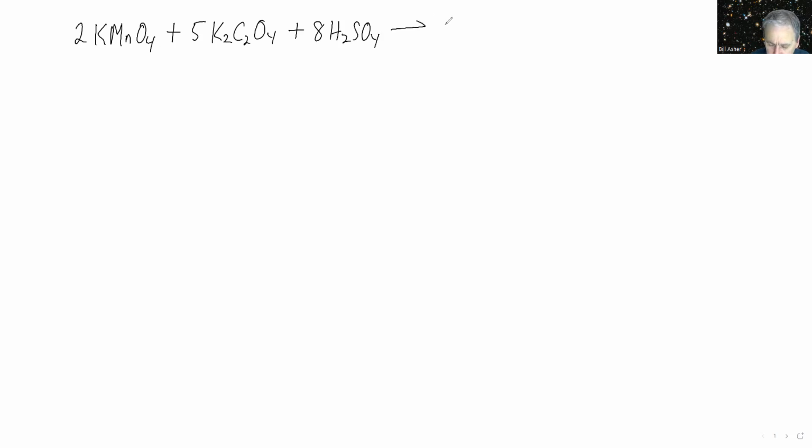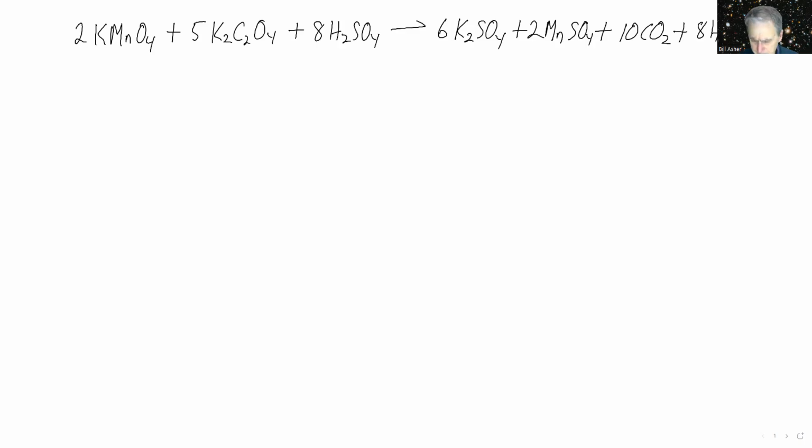So 27 is dealing with this beast again, where we had: 2 KMnO4 plus 5 K2C2O4 plus 8 H2SO4 goes to 6 K2SO4 plus 2 manganese sulfates plus 10 CO2 plus 8 H2O.